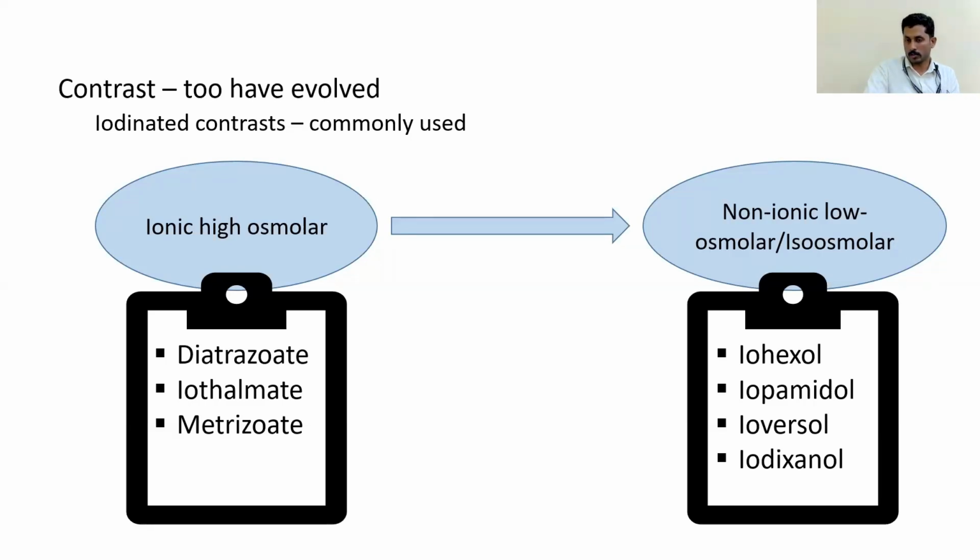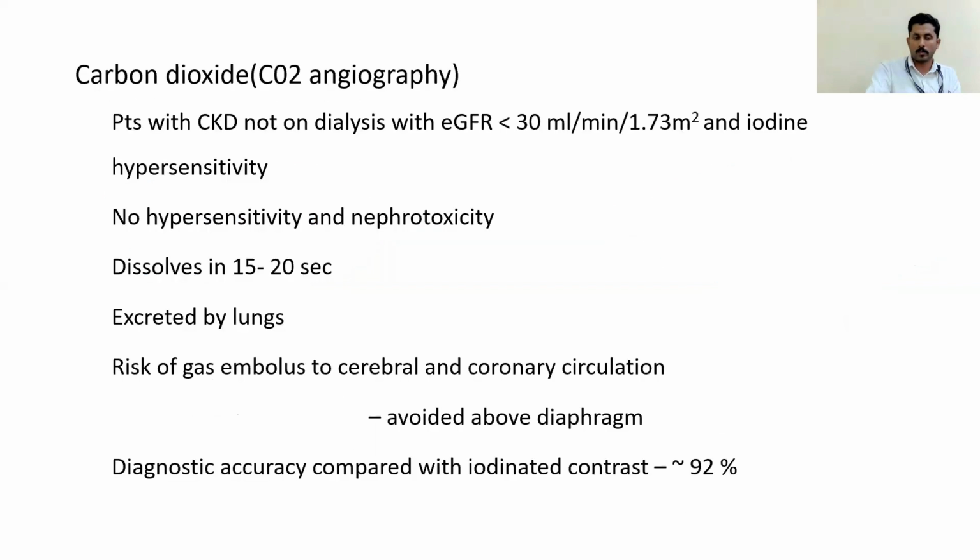Non-ionic, low osmolar and iso-osmolar agents have replaced the high osmolar components nowadays, and have a decreased chance of contrast-associated nephropathy, because they decrease the diffusion into the peritubular capillaries and decrease the tubular necrosis of the kidneys. That's the reason these products decrease contrast-associated nephropathy.